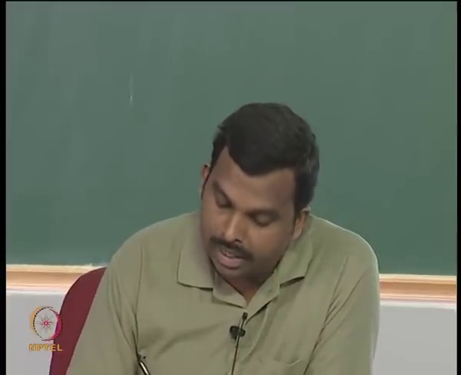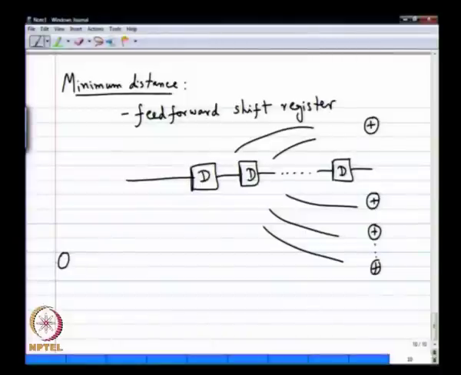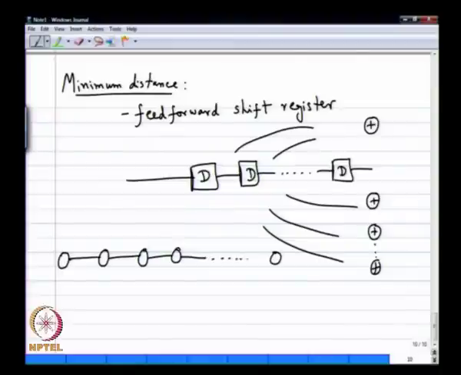So if you look at a trellis, you are going to start at the all 0 state, and it goes on and ends at the all 0 state. So the all 0 code word in a feed forward shift register will simply correspond to the top line. Is it okay? So in the trellis, the all 0 code word will show up on the top.